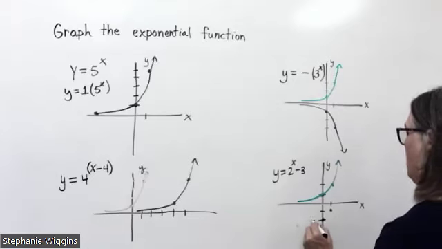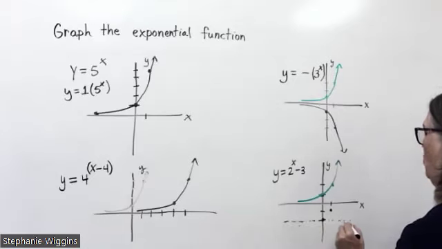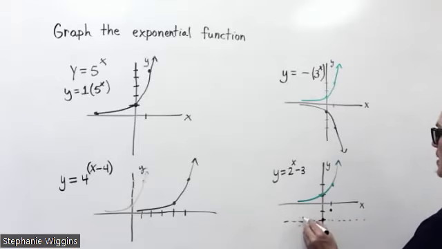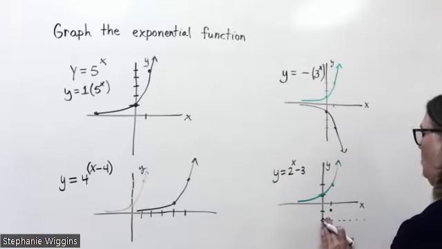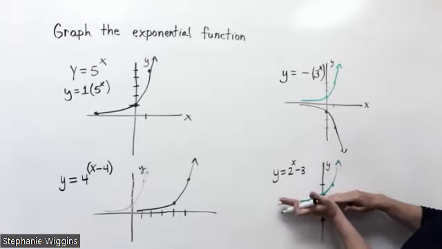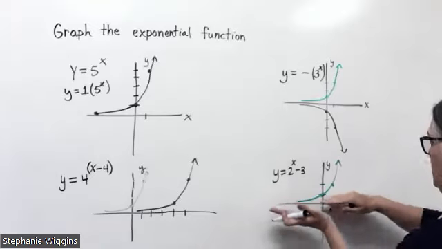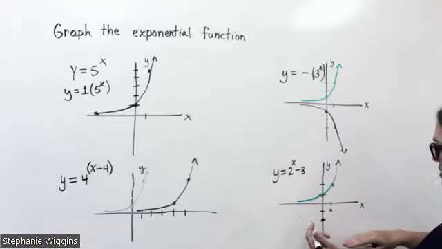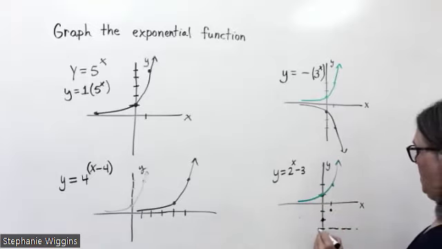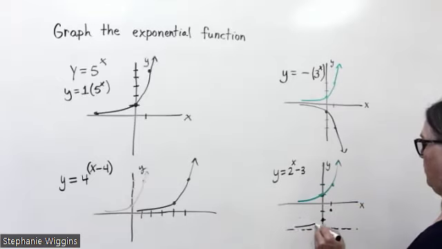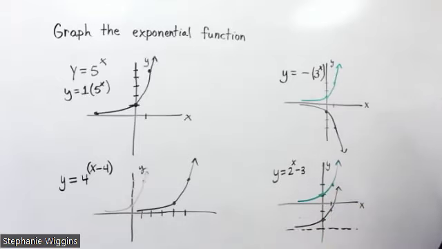And we have a horizontal asymptote at y equals -2. I'm sorry, the asymptote is going to be shifted down 3 units, so it's going to be right here. And there you have it. The same graph just shifted down.